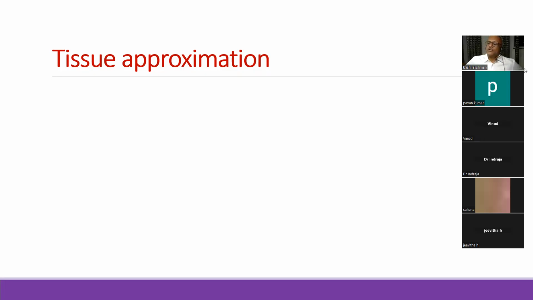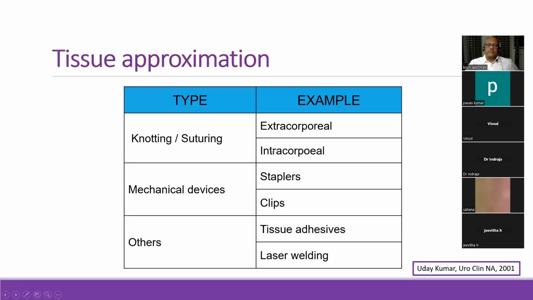Okay. Suturing. And staplers, sir. Staplers. Clips. Yeah. And anything else that we don't normally use but can be used? Tissue adhesion. Yes, very good. Tissue adhesives can be used, and laser welding. You can use a laser, as an energy source, to do the same thing.